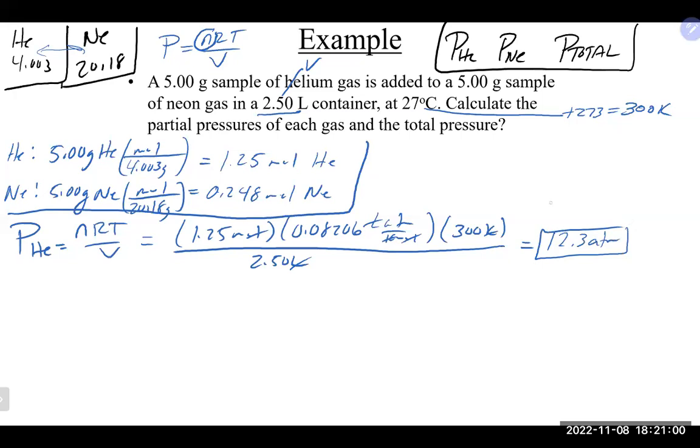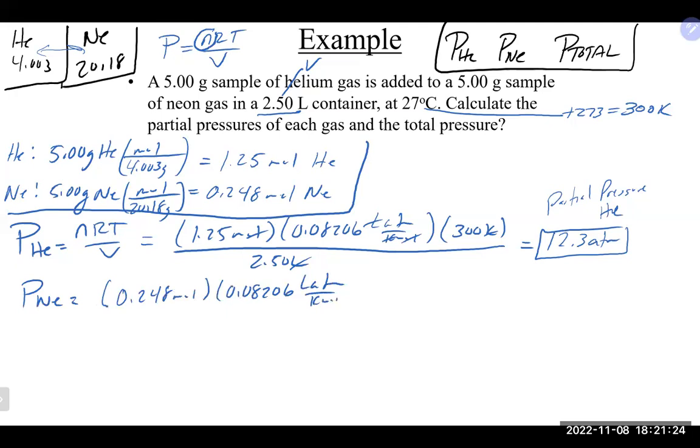This would be considered the partial pressure of helium. We're going to do pretty much the identical calculation for neon, putting in the values for neon: our moles, 0.248, and R. Again, it's going to be the same temperature and the same volume, as they're in the same container.